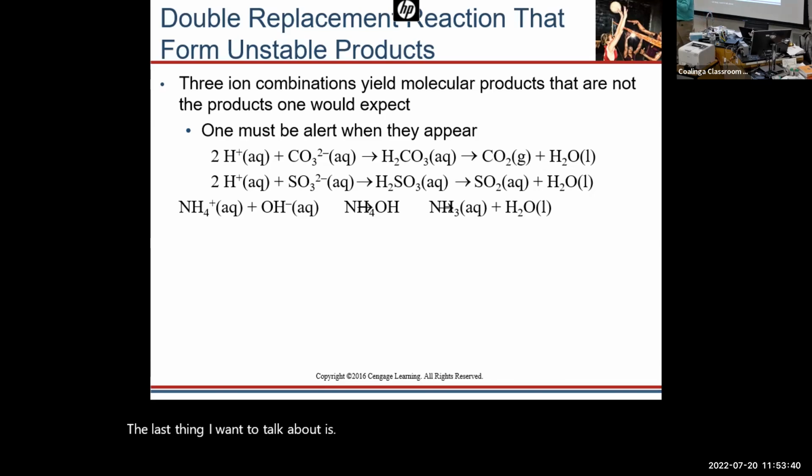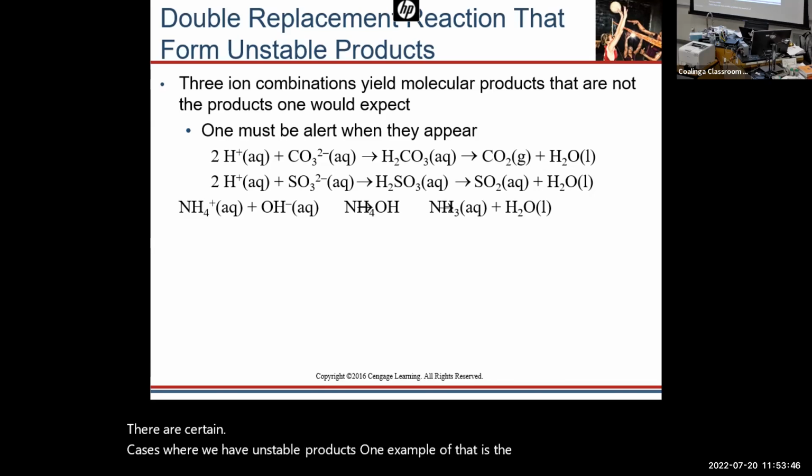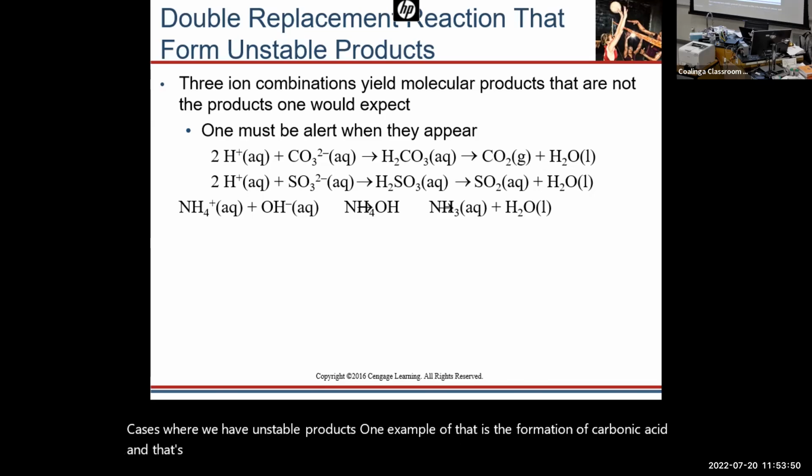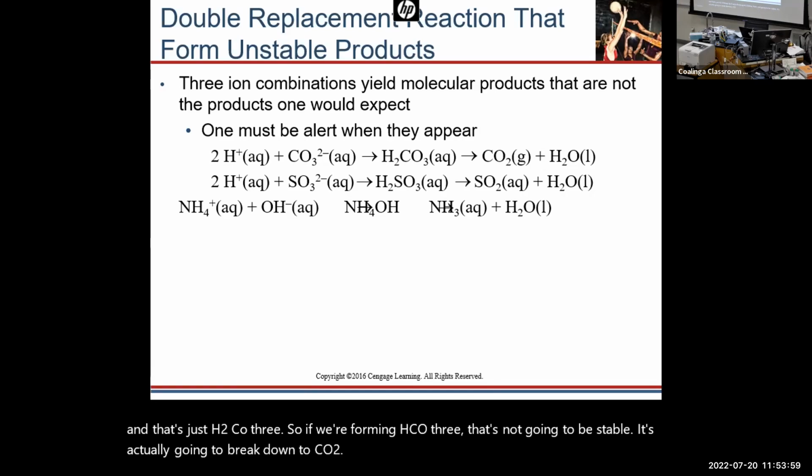There are certain cases where we have unstable products. One example of that is the formation of carbonic acid, and that's just H2CO3. If we're forming H2CO3, that's not going to be stable. It's actually going to break down to CO2 and water.